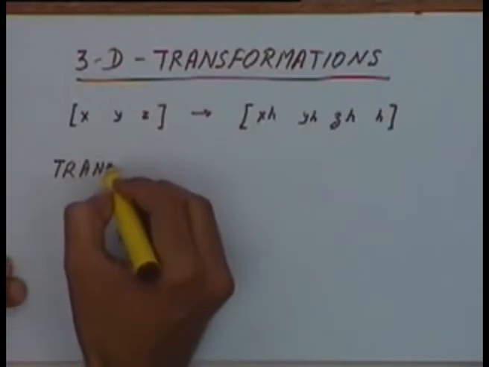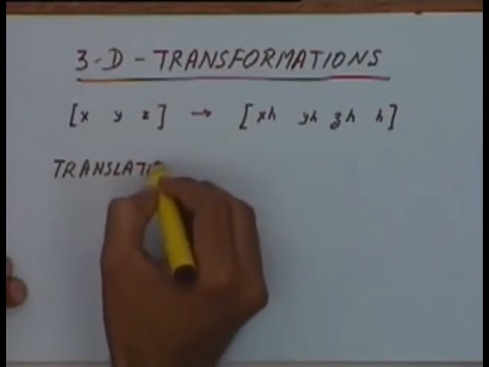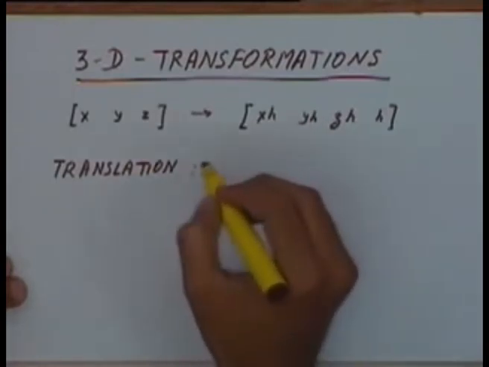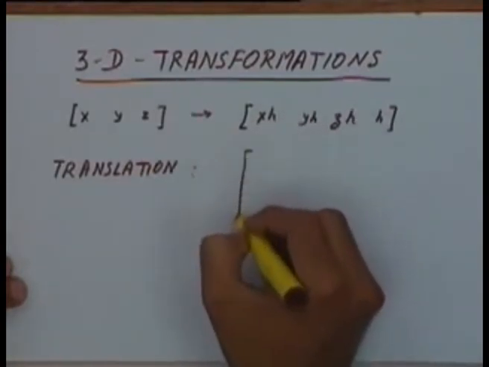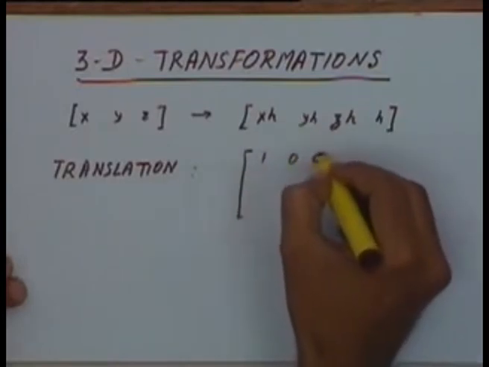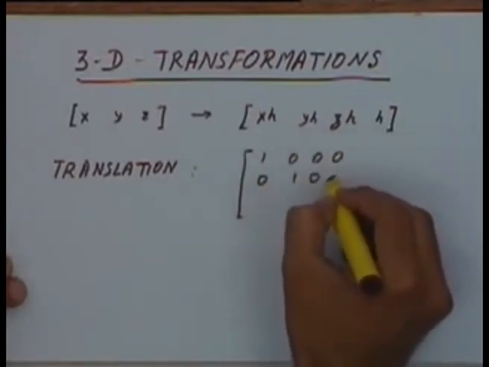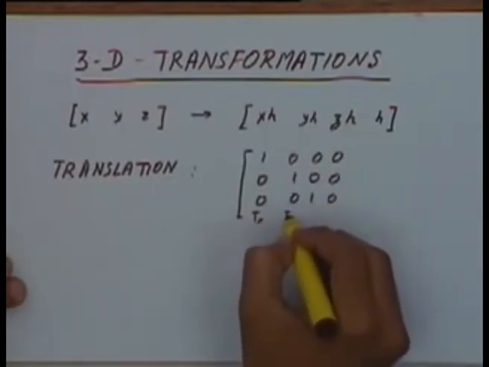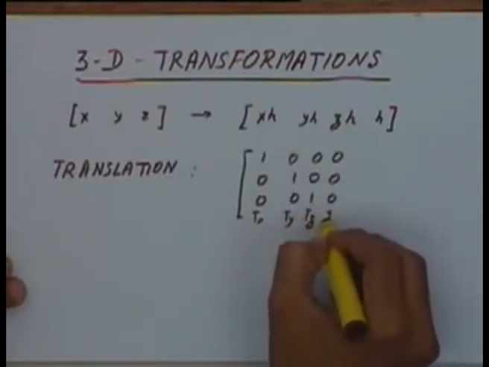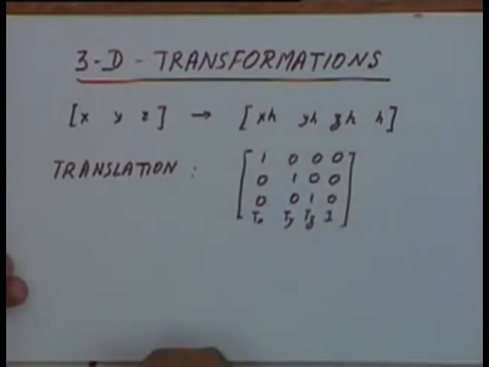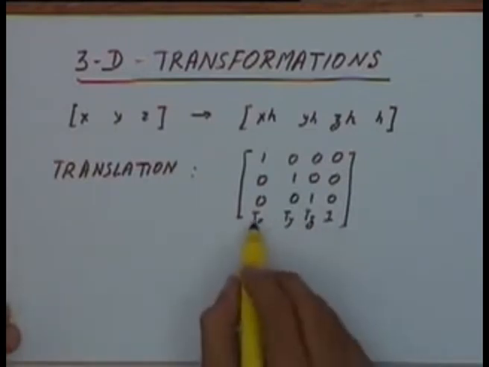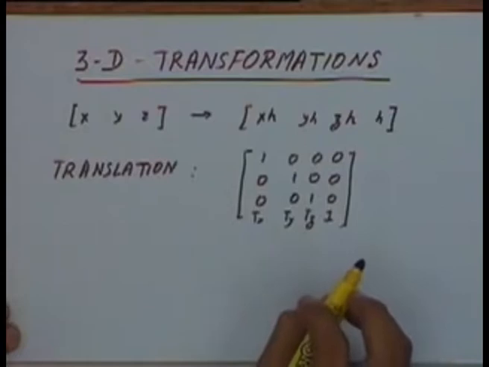Translation. I don't think I need to define translation again. The translation matrix will be a 4 by 4 matrix now. If we want to translate any point by tx, ty, tz, in the bottom row we will have tx, ty and tz in one place.